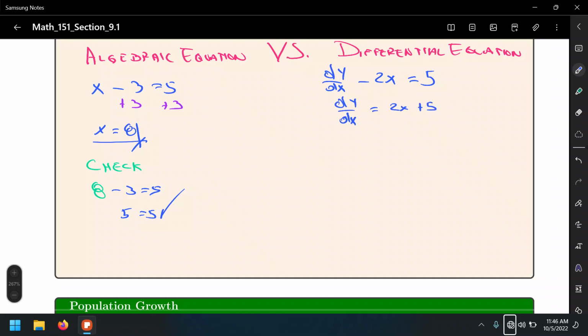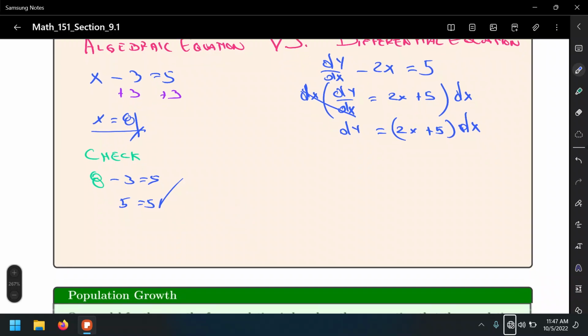Now that we isolated the dy/dx, we treat this dy/dx as a quotient of two quantities. We're going to have everything containing a y on the left and everything containing the x on the right side. So multiply both sides by dx, and dy equals 2x plus 5 times dx.